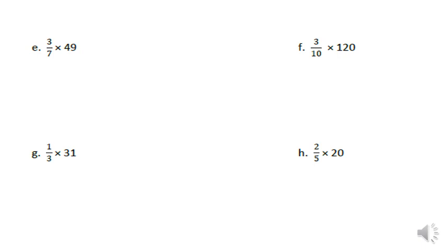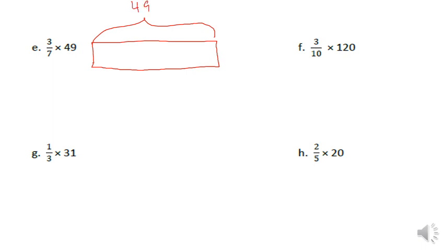All right. Now we have 3/7 times 49. So our total is 49. It says sevenths, so we're going to split them into sevenths. 1, 2, 3, 4, 5, 6. I'll have to put another one on there. 7. And we're looking for 3/7, but we're still going to solve for a unit of 1 in order to solve it.